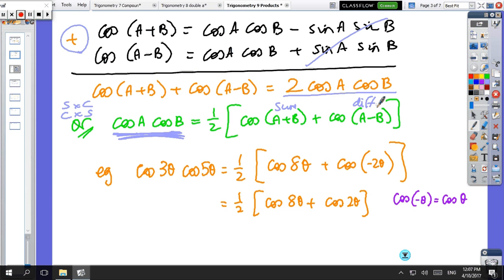So the example is cos cos, so we're going to have half of cos the sum and cos the difference, and cos of minus theta is the same as cos of theta, which means that the minus sign just disappears, so you can have just a simple answer at the end. Okay, so copy that and come across.